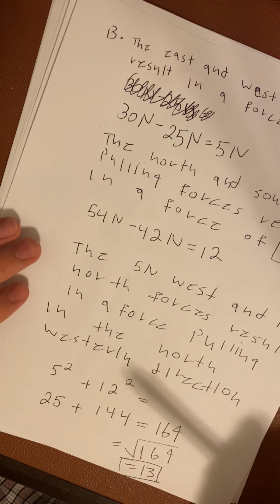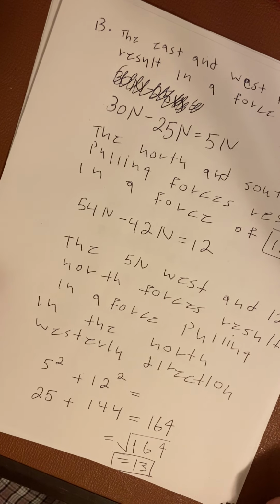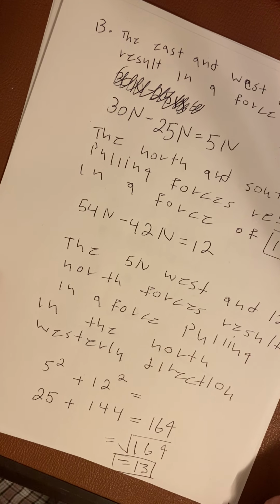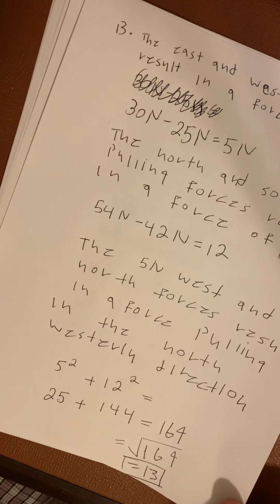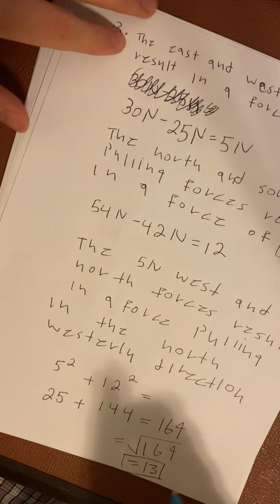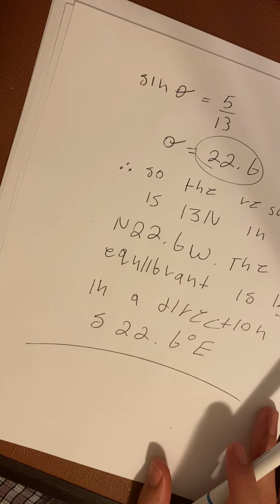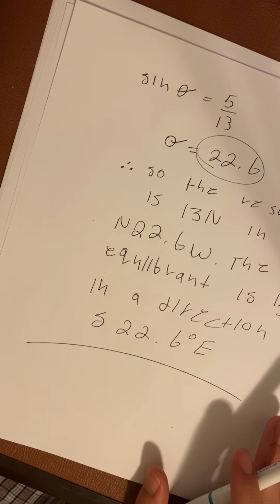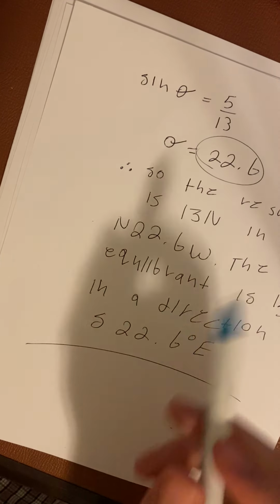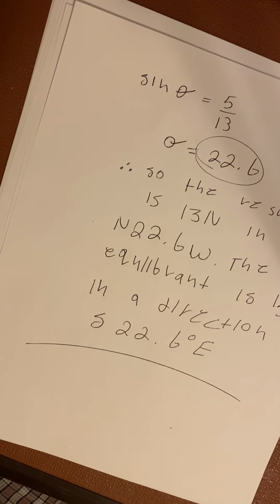I used the 5 and 12 to put them in the Pythagorean theorem and find the exact direction of the force, so I got 13, and then the last step was using sine and finding the angle, and it was west of north, so it was 22.6. Put them right here and got my therefore statement.